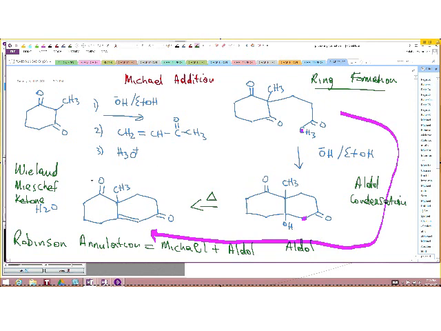See that? Yeah, this ketone here is what we call Wieland-Miescher ketone.